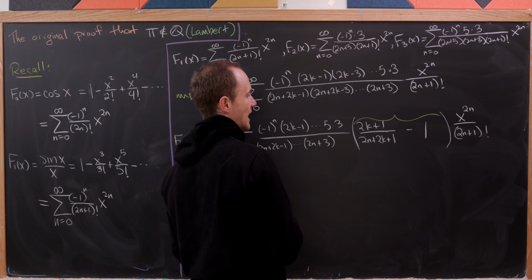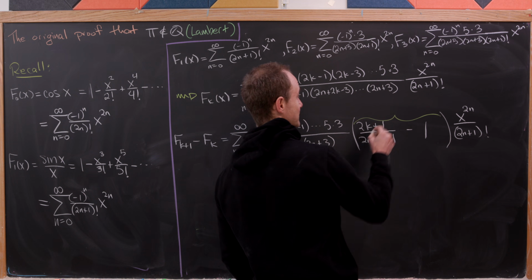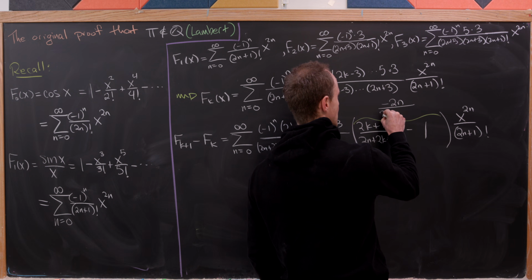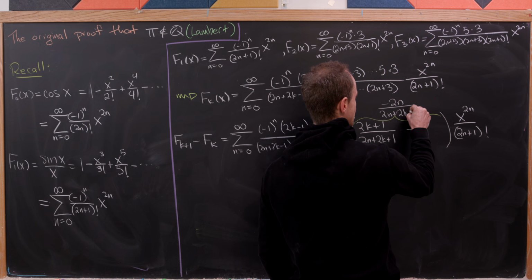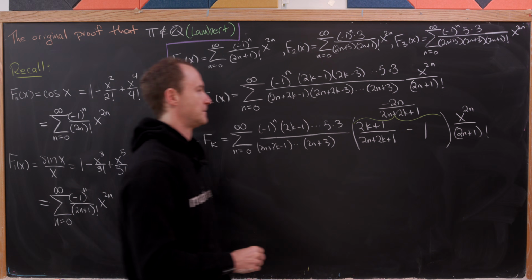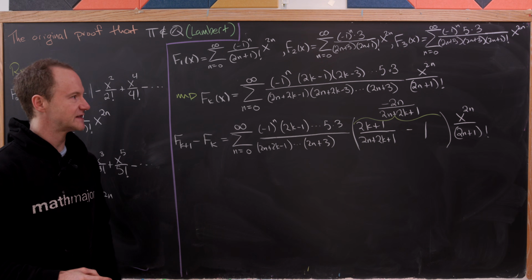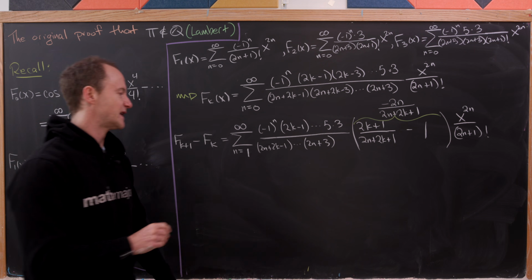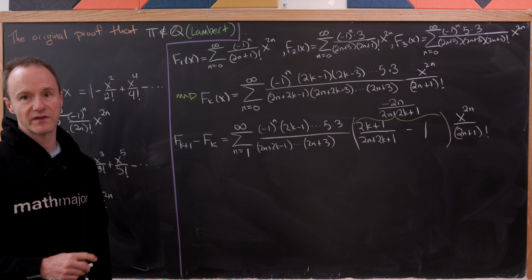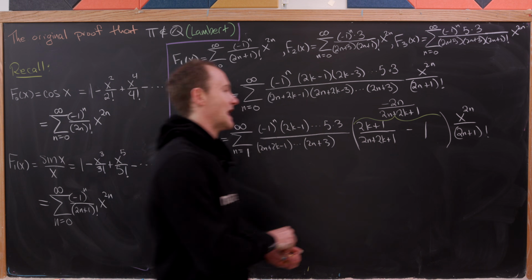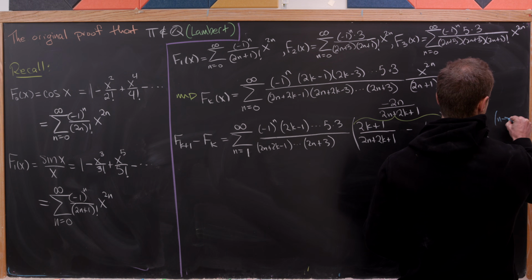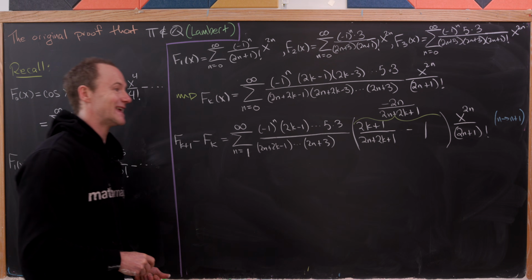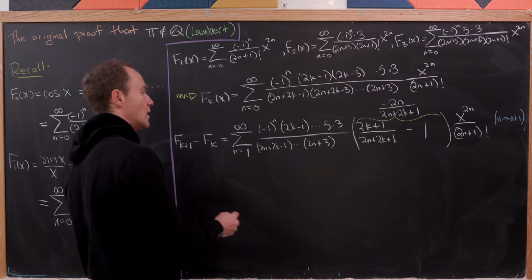Okay, nice. But next up, what we can do is put these two together by finding a common denominator. And let's observe that that's simply going to give us minus 2 times n over 2n plus 2k plus 1. And then we can do the same kind of things that we did before. Notice that the 0th term is equal to 0, so we can change that to a starting point of n equals 1. And then after that, we'll do our change of index by replacing all of the n's with n plus 1.